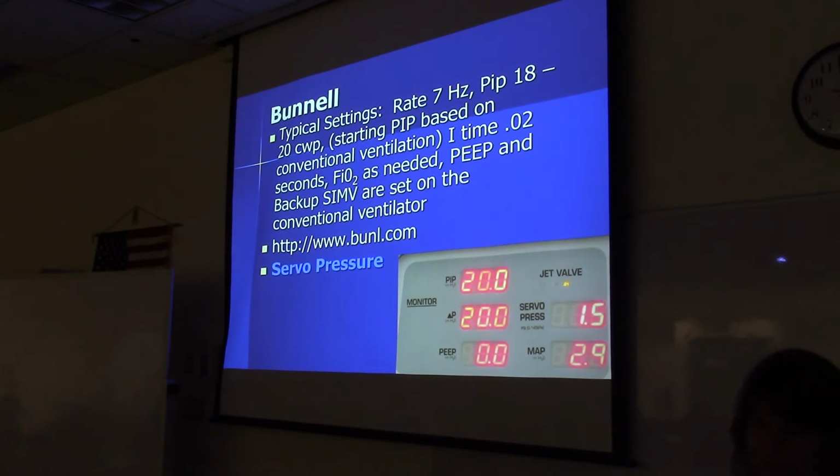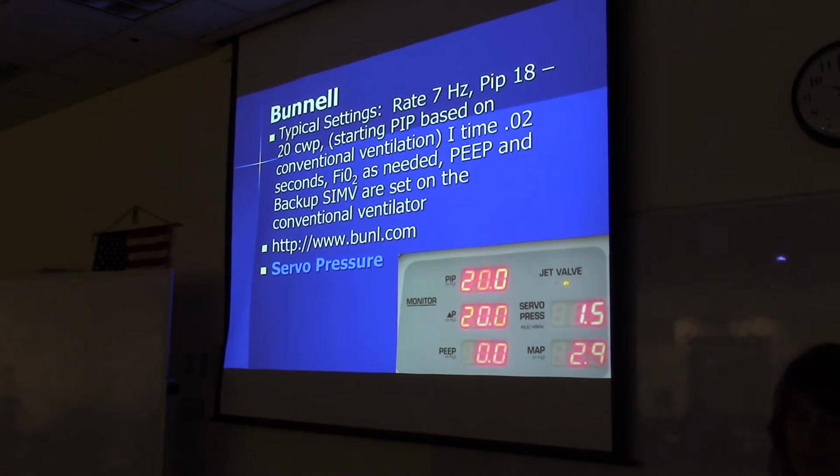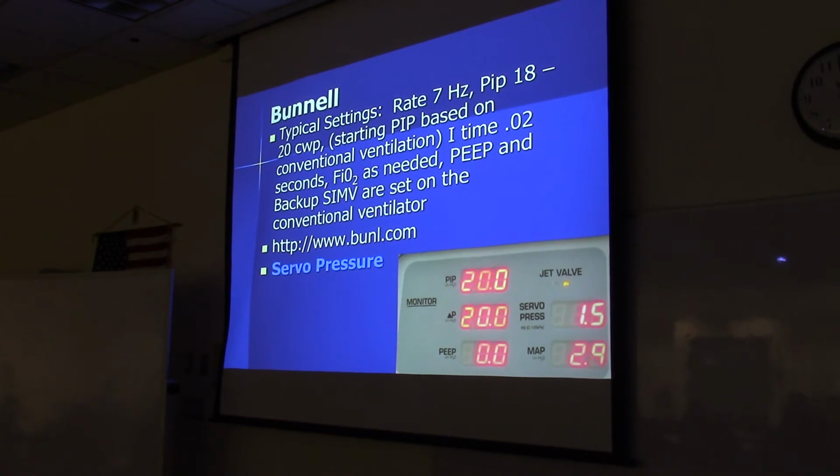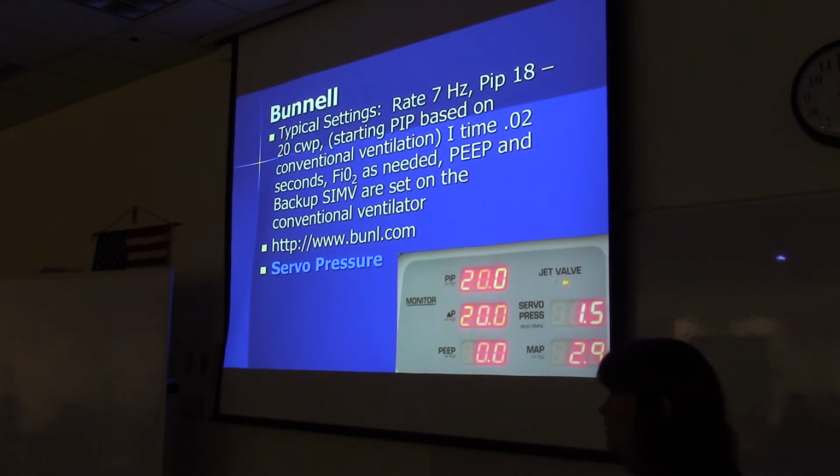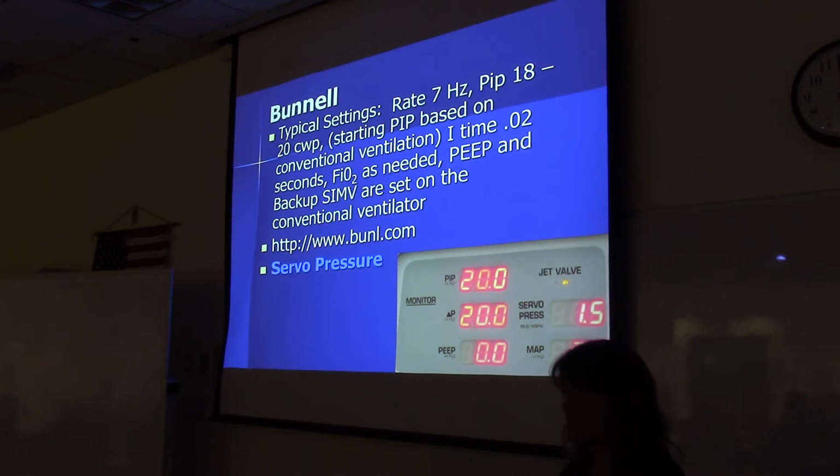And then the PEEP and backup SIMV are set on the conventional ventilator. The backup SIMV rate is typically slow. We talked about a typical respiratory rate of a neonate being about 40 breaths per minute, so when you first put them on a ventilator, you set a rate of 40.